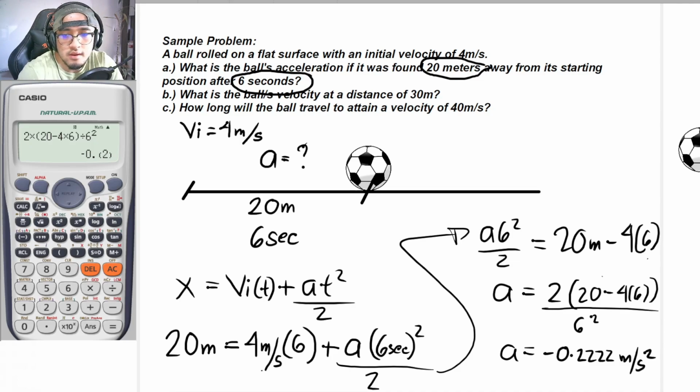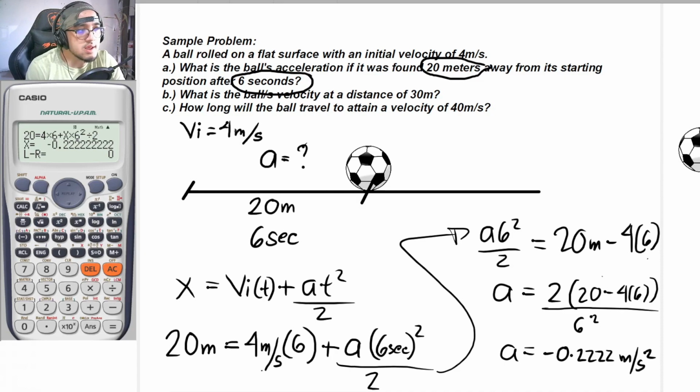So let us confirm this answer using shift solve. So 20 is equal to 4 times 6 plus alpha x times 6 squared divided by 2. Suppose that your alpha x is the value for your acceleration. So shift solve equals, that is once again negative 0.22222 meters per second squared.